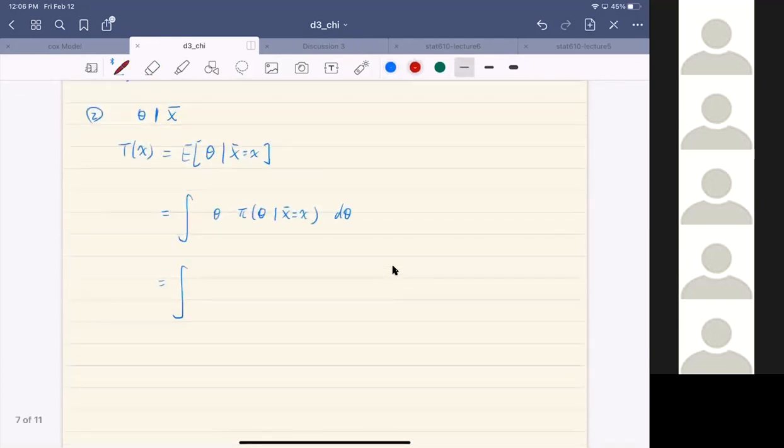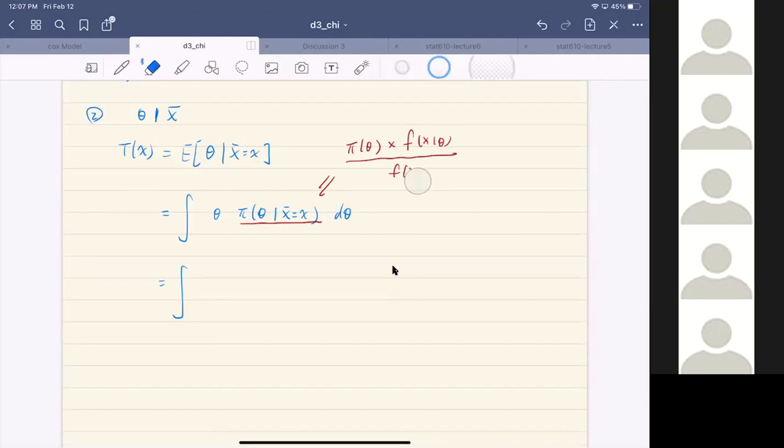And this posterior distribution is equal to pi of theta multiplied by the distribution of x condition on theta, divided by the distribution of x, the marginal distribution of x.